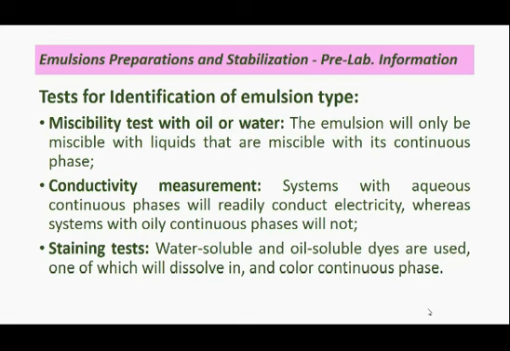If we are conducting a staining test by the incorporation of an oil soluble dye, then oil in water emulsions upon macroscopic examination will be paler in color than a water in oil emulsion, and under microscopic examination colored globules on a colorless background will appear, while if this oil soluble dye was used to stain a water in oil emulsion, macroscopic examination will reveal more intense coloration than with an oil in water emulsion, and upon microscopic examination, colorless globules against a colored background will appear.